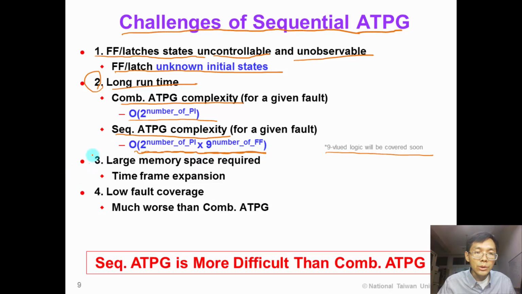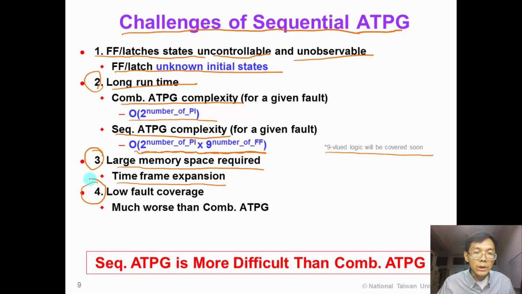The third issue is that sequential ATPG consumes large memory space. If we want to use time frame expansion, we need to duplicate or replicate the circuit into multiple copies, which will occupy a lot of memory space.